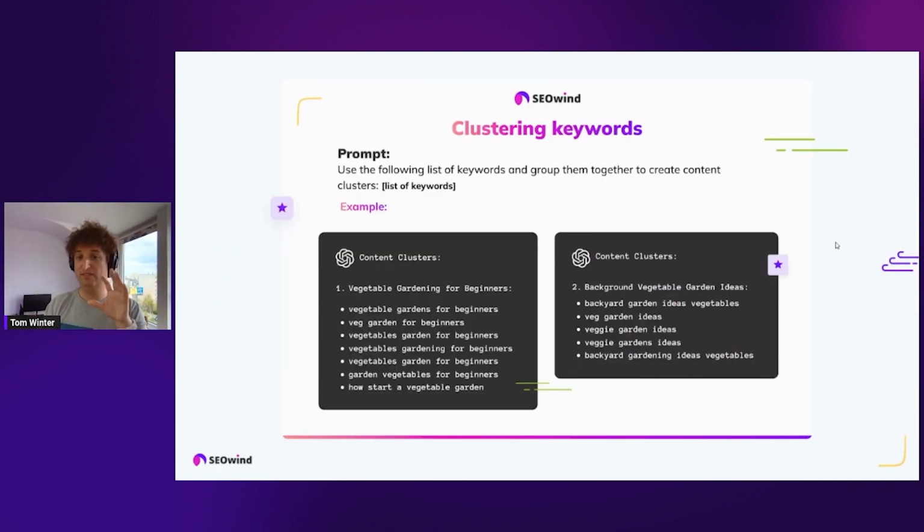So when you have these keywords, what you can do with ChatGPT, because it's a language model, is really awesome with that. You can go to ChatGPT and cluster the keywords without any other tool. Use a prompt, for example: use the following list of keywords and group them together to create content clusters. Then paste in all the keywords that you have for this specific topic, 20, 30 keywords.